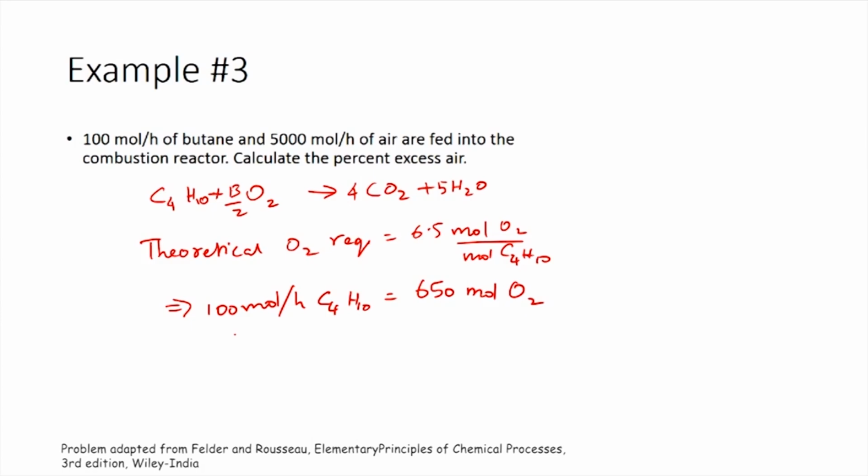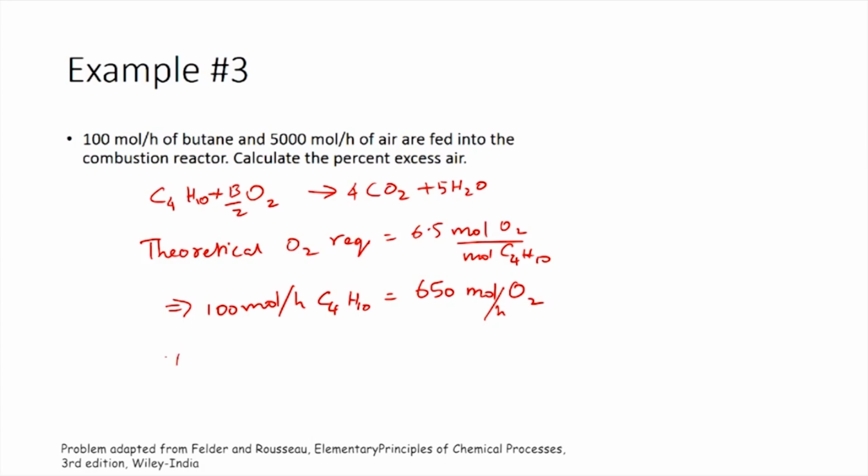So, based on this theoretical requirement for oxygen, we now need to calculate the theoretical requirement of air. Air contains oxygen and nitrogen. For simplicity we will use 79% nitrogen and 21% oxygen. So, this 650 moles of oxygen would be present in how many moles of air? That would be the theoretical requirement for air.